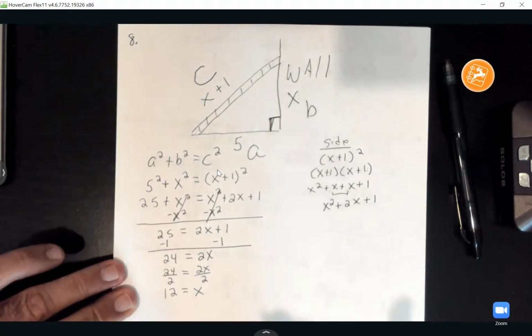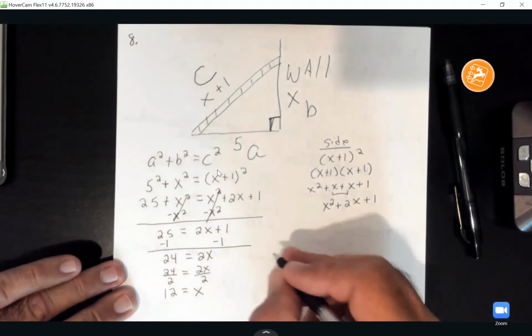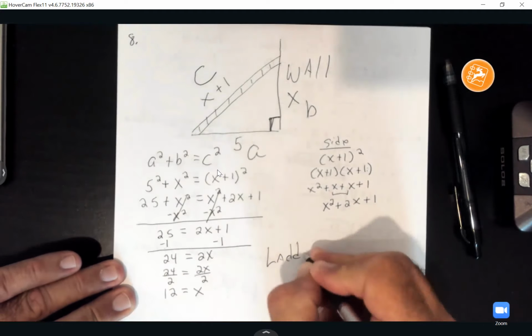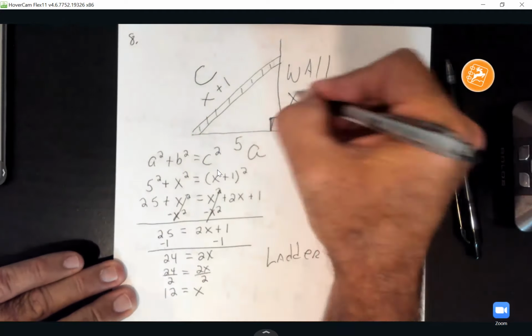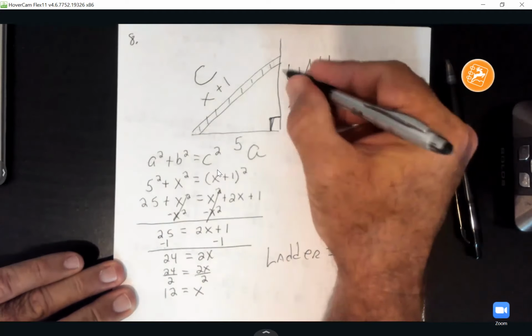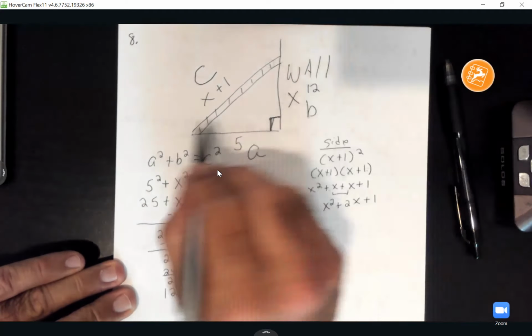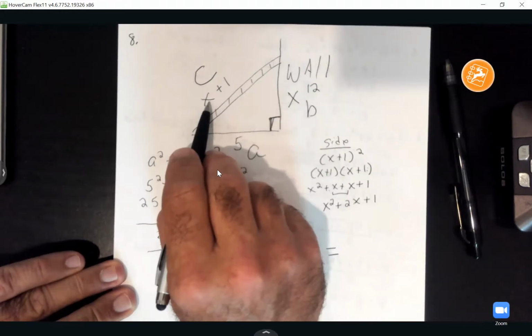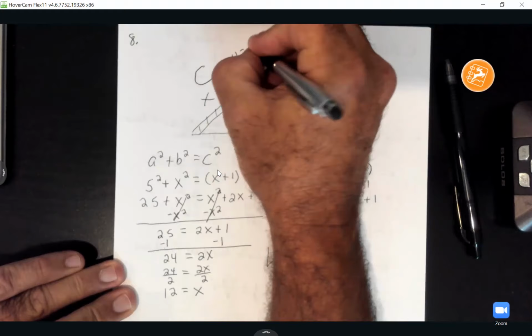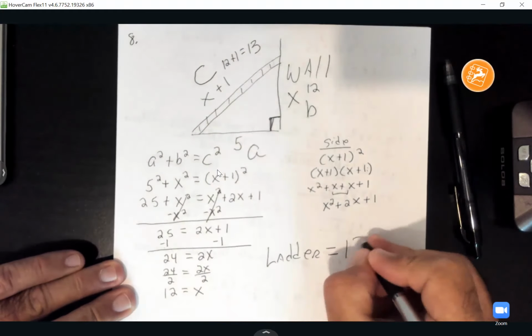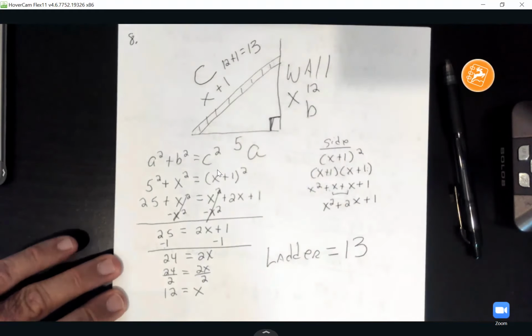Now, y'all, the only thing this thing wants to know is, how long is this ladder? Well, if x is 12 right here, that's how high up on the wall the ladder reaches. I got to come over here and add 1 to my x. So I'm going to have 12 plus 1, which will actually give me 13 for my ladder.